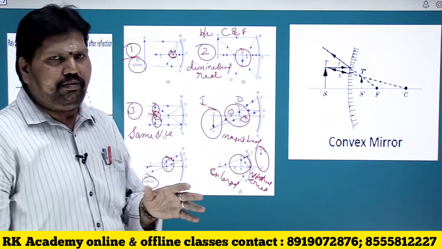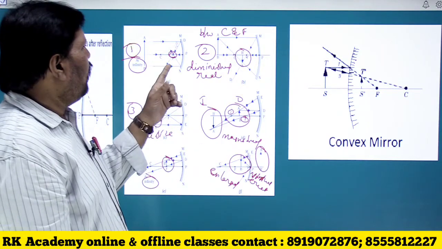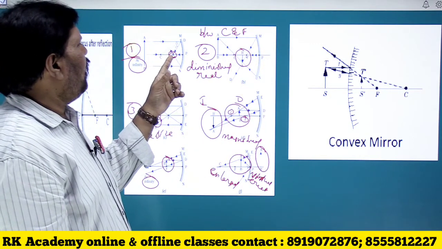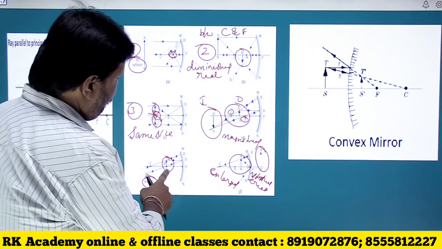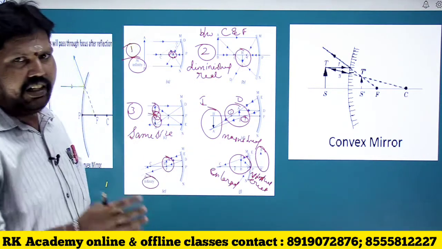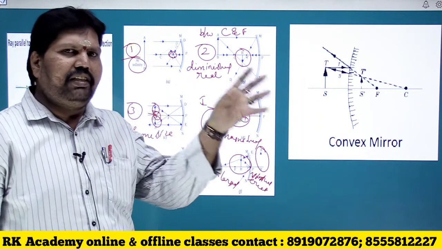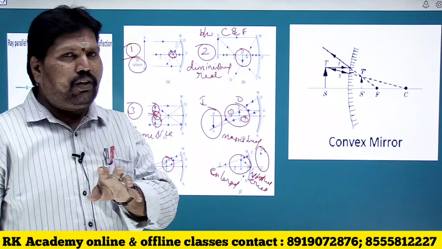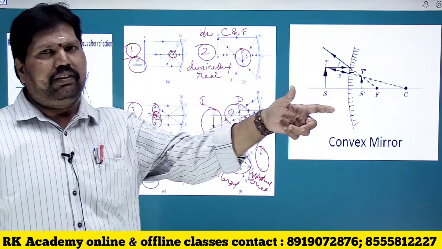Simply to understand, if the object is at infinity, then the image will be at focus. If the object is at focus, the image will be at infinity. It's vice versa. You can easily remember.